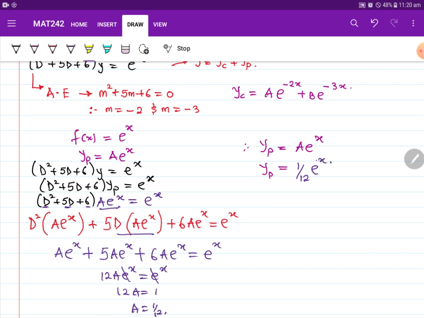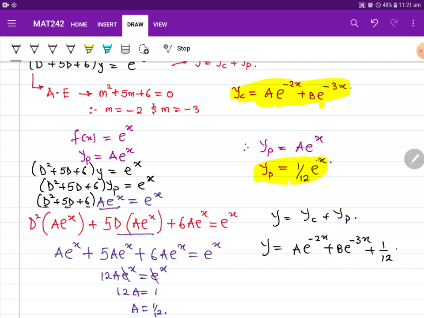So my yp is this, my yc is this. And what is the general solution? The general solution is y is equal to yc plus yp. Therefore, our answer is y is equal to a exponential minus 2x plus b exponential minus 3x plus 1 over 12 exponential x. Final answer. So that's how we solve it if it is of exponential function.